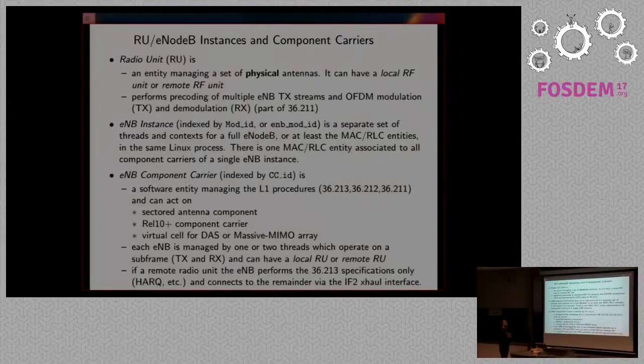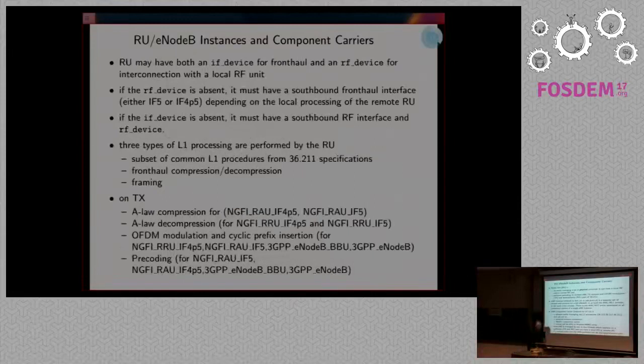And it would contain the same MAC and RLC entities on top of the physical layer. The component carrier is the entity that manages the physical layer procedures for a particular carrier, which could be a separate frequency carrier, but it could also be a virtual carrier, which is controlled by the antennas. Right? So that's what these notions actually mean.